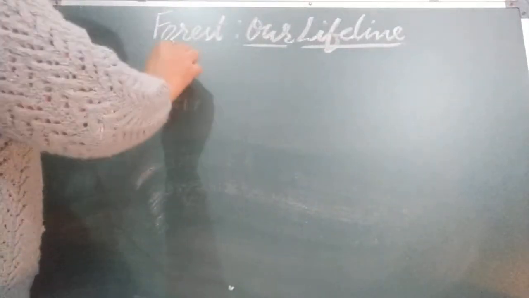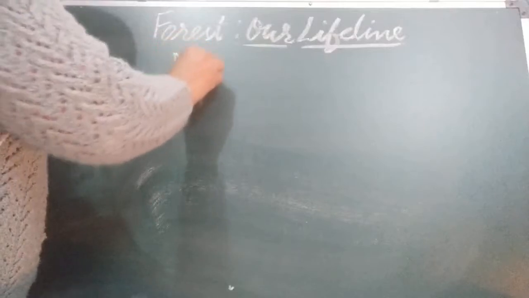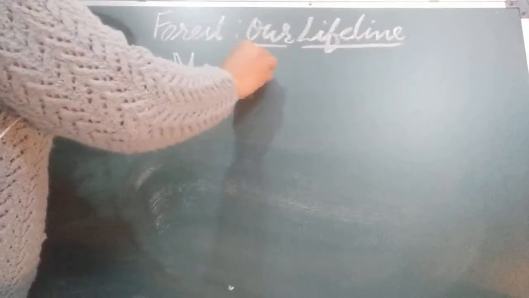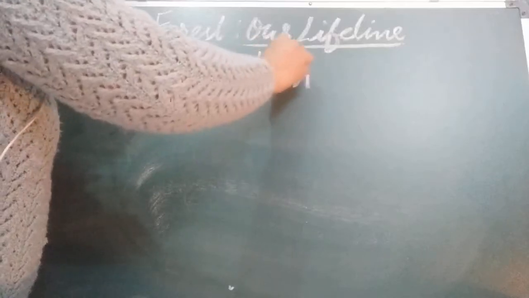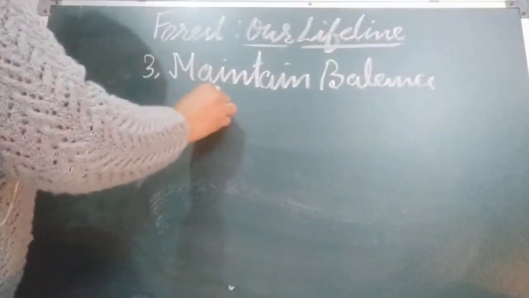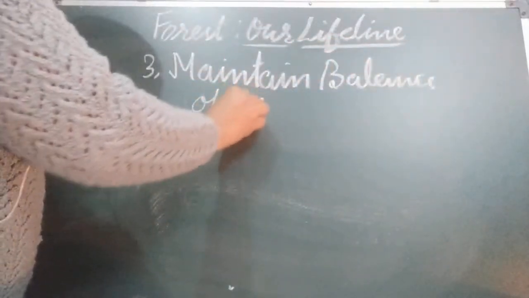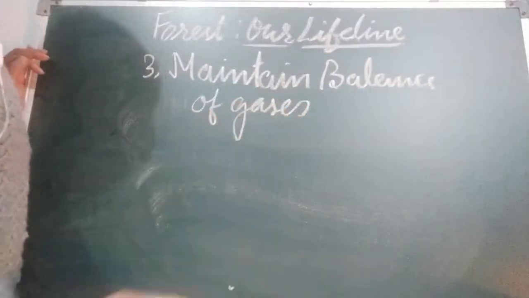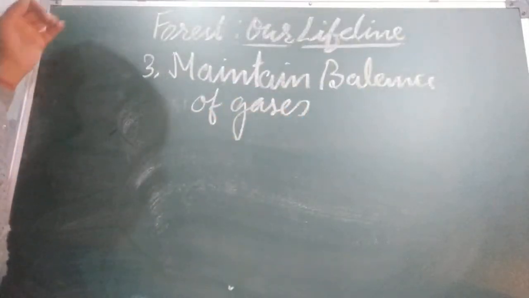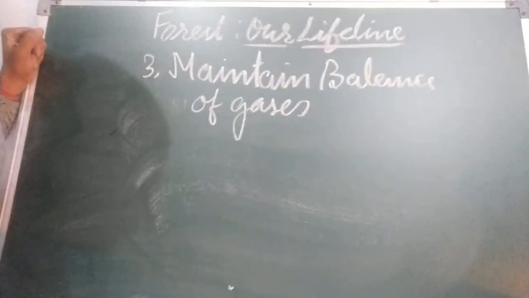Now next we are going to discuss that forests maintain balance of gases. Forests maintain the natural balance of carbon dioxide and oxygen.